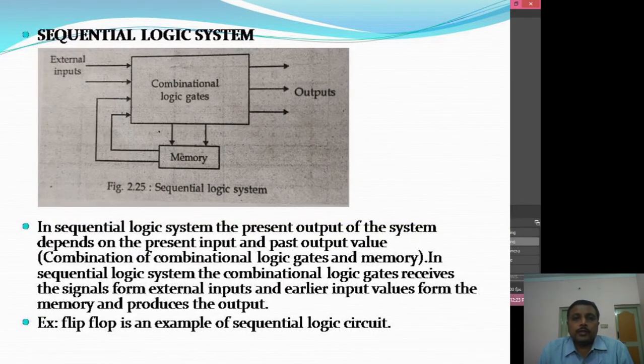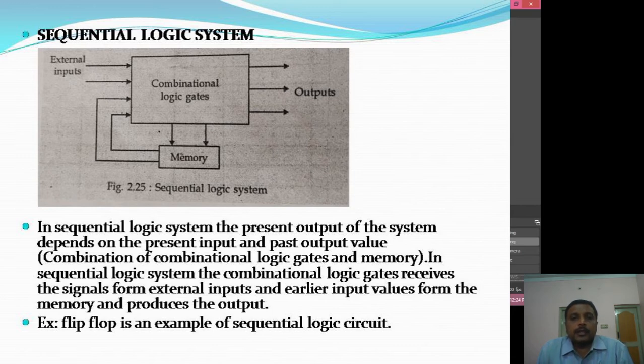Next, moving on to the sequential logic system. As you can see, the output of this sequential logic system will depend on the present input and past output values. That is, it is a combination of combinational logic gates and memory. You can see through the sketch, you have a combinational logic gate and a memory.